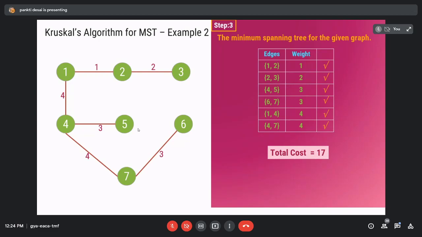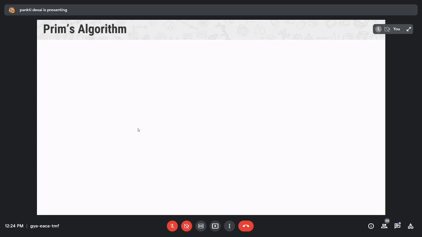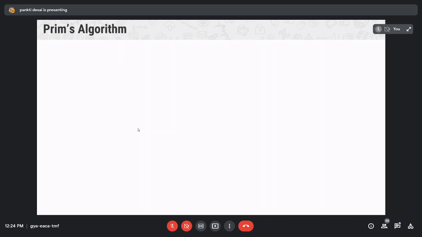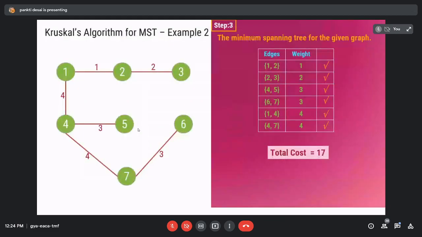This will give you the cost of this minimum spanning tree, and that is 17, right? So are all of you clear with this Kruskal's algorithm? Yes, ma'am. Yes, ma'am.